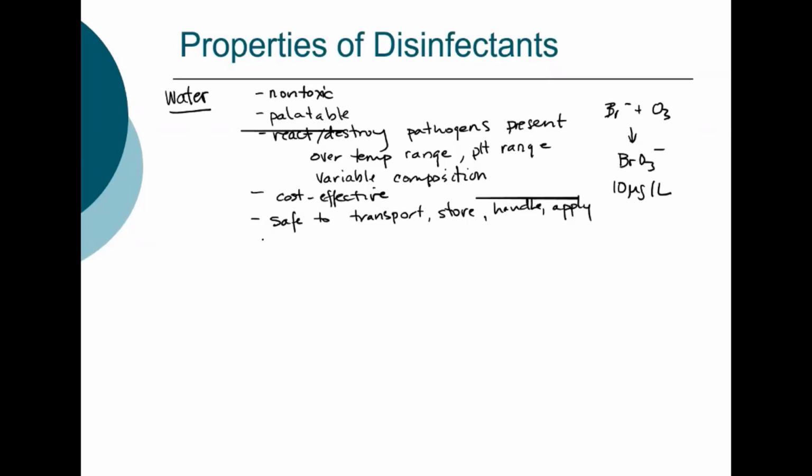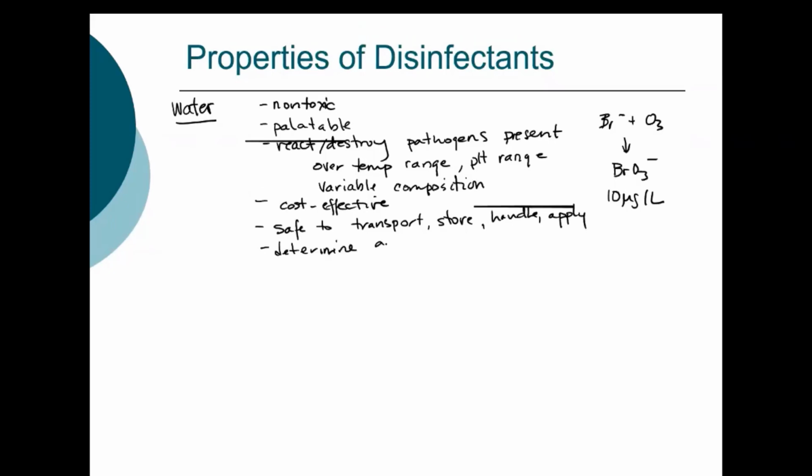We need to be able to determine a residual. So this residual has to be easy to determine and inexpensive. And we will talk about primary disinfection and secondary disinfection. With primary disinfection, we're looking at inactivating the organisms, any pathogens.